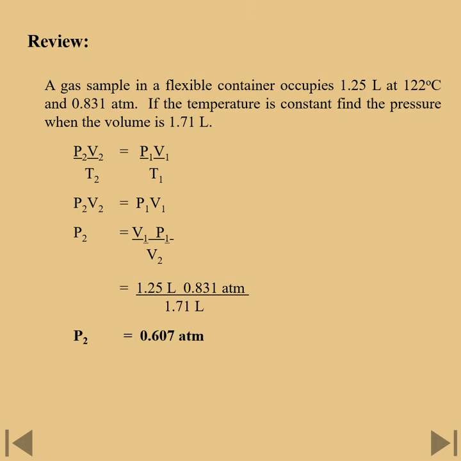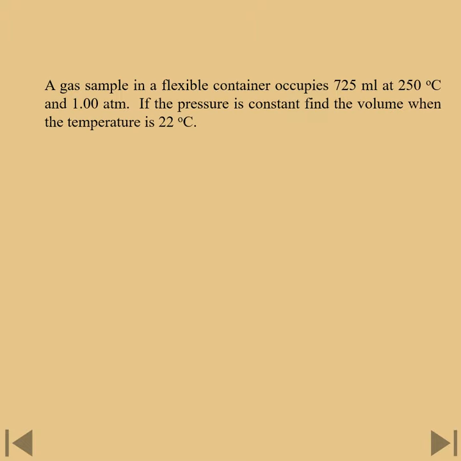When we cancel those liters, we're left with that appropriate unit of atmospheres. We do need to always look and see, do we need to convert some temperatures or some pressures? But in this case, we didn't. Does our answer make sense? A decrease in pressure due to an increase in volume? Yep, that makes sense.